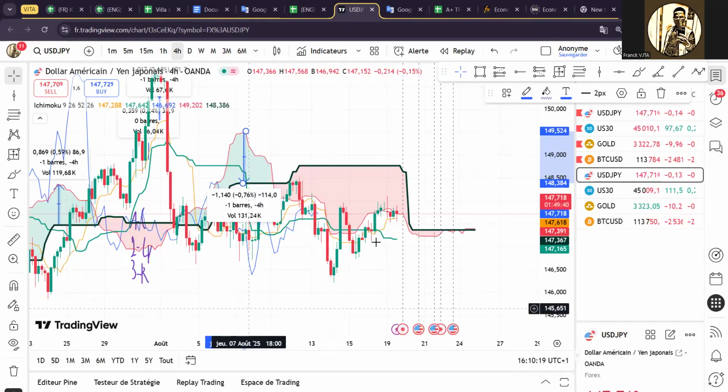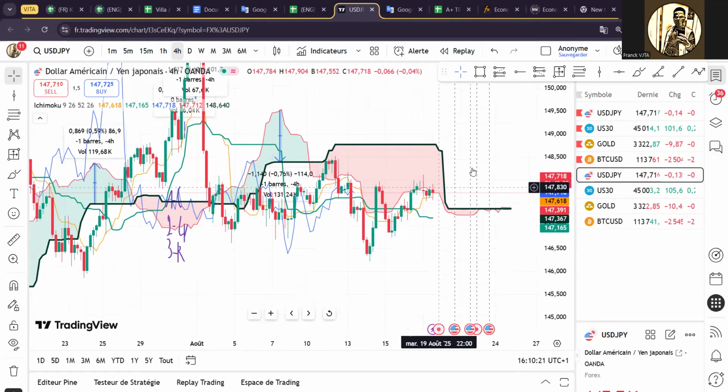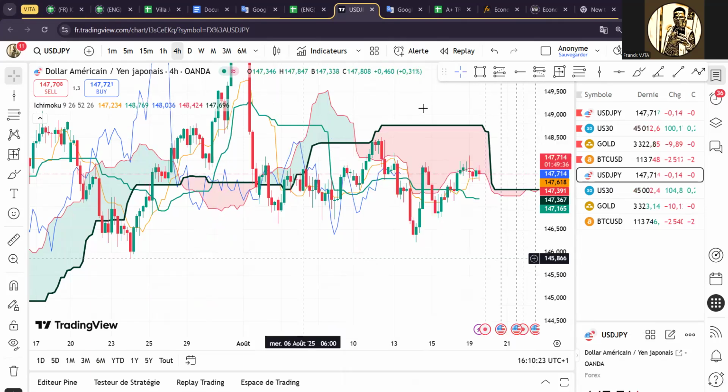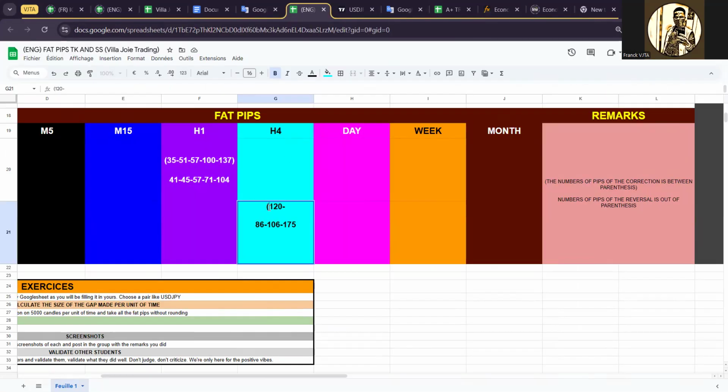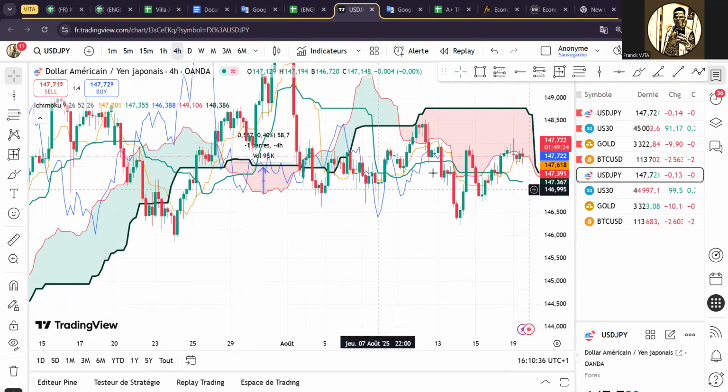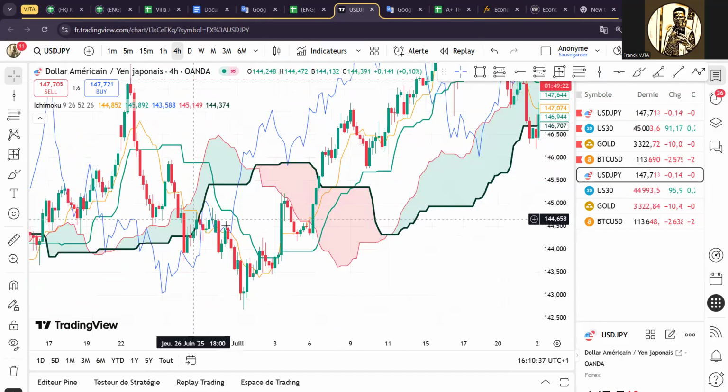I will not write it. We are a little bit closer. When it's about correction, I will also take those fufu. I put it in the correction. 58 pips. I include correction in the size of the cloud in correction.